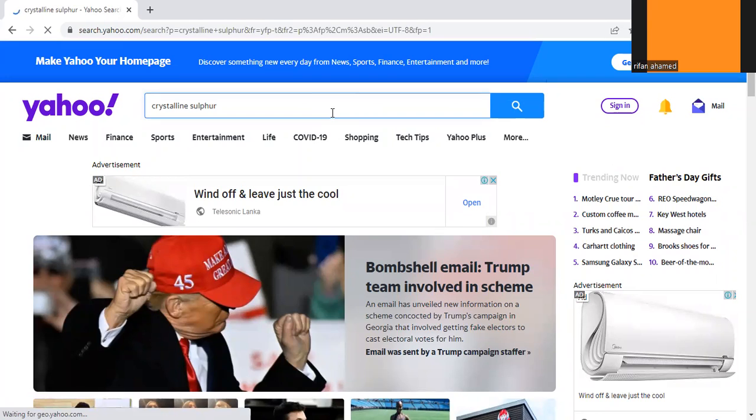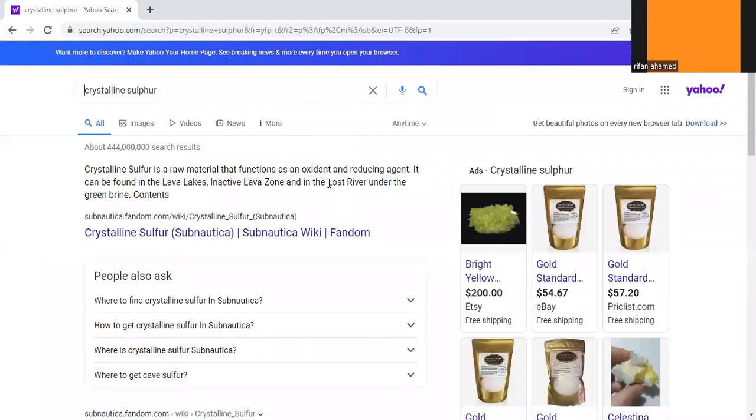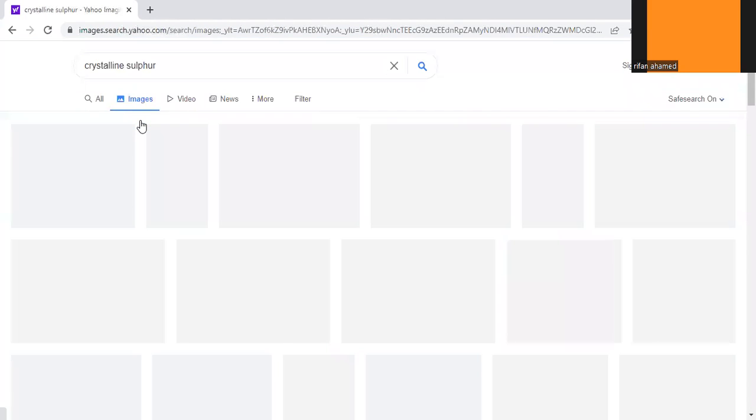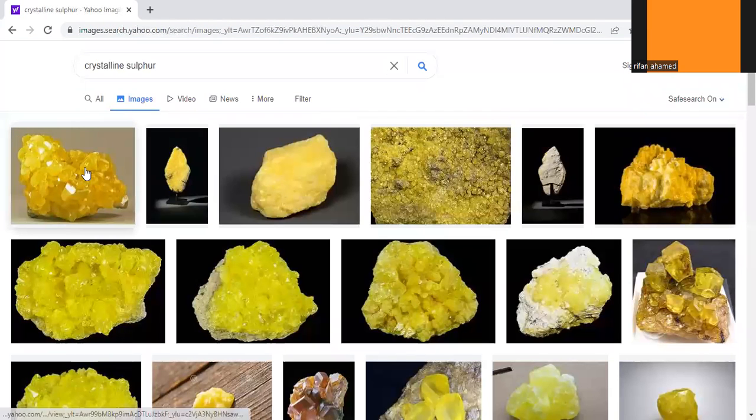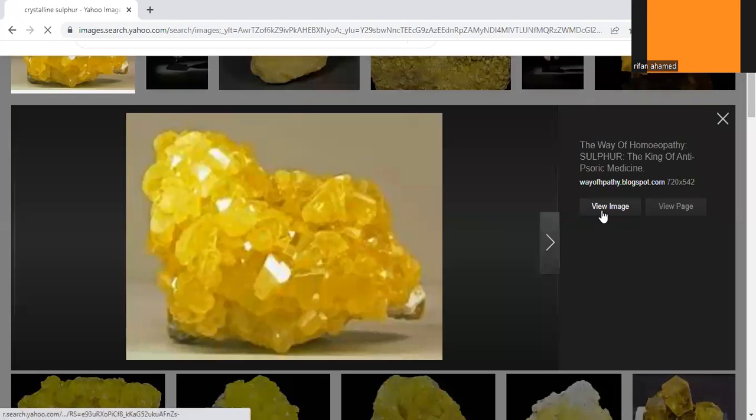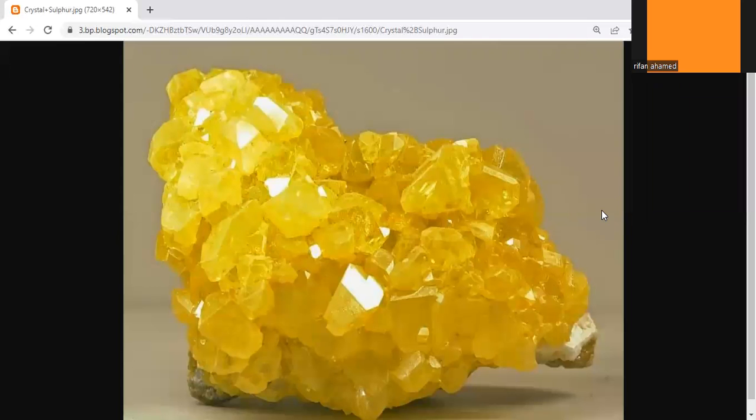If you look for crystalline sulphur, it will be looking like this. It's a crystal, a shiny stone-like material. This is crystalline sulphur.